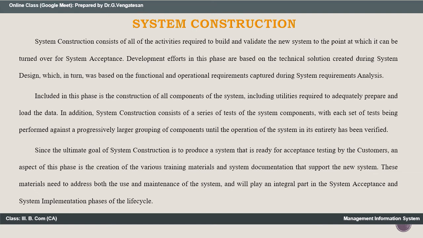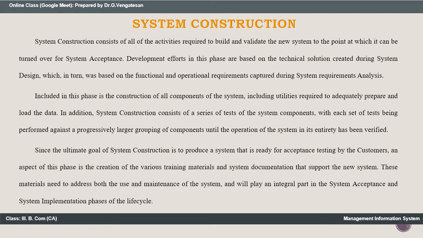In this phase, the construction of all the components of the system, including all the utilities, consists of the data and information. System construction will go with a series of tests, with each set of tests being performed progressively with a larger number of components.